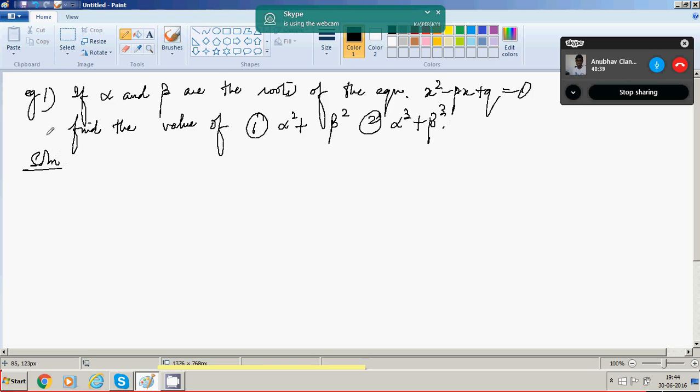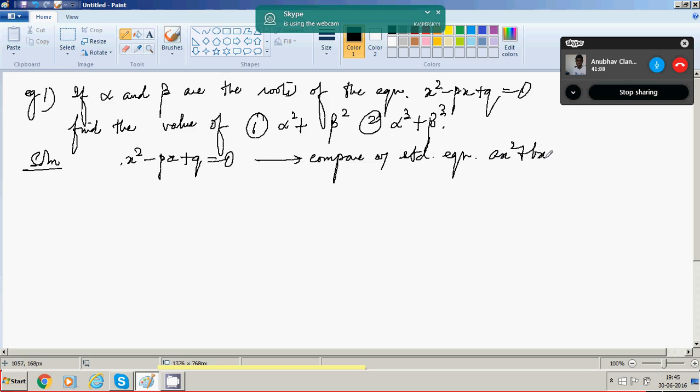Solution: x squared minus px plus q equal to 0 is the given quadratic equation. Compare with the standard or generic quadratic equation ax squared plus bx plus c equal to 0. Here a equal to 1, b equal to minus p, c equal to q.